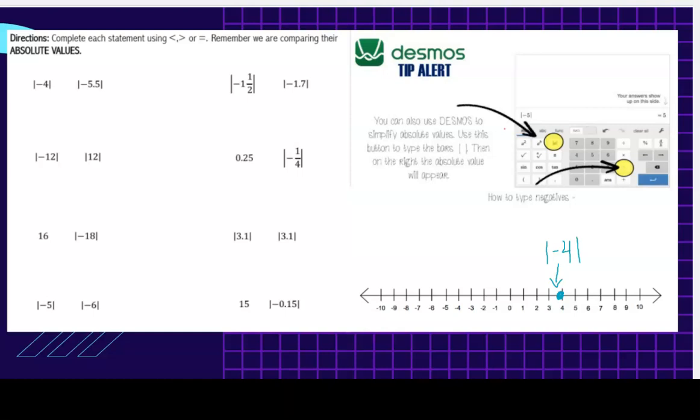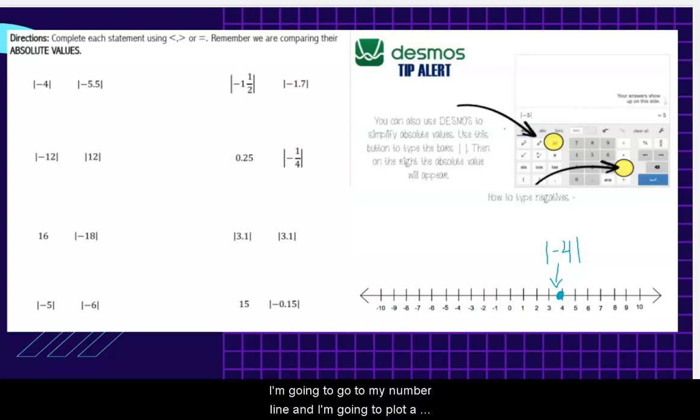I'm going to do the same thing with the absolute value of negative 5.5. So the absolute value of 5.5 would also be positive because absolute value is always positive.